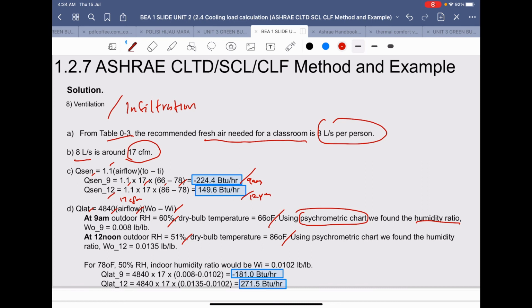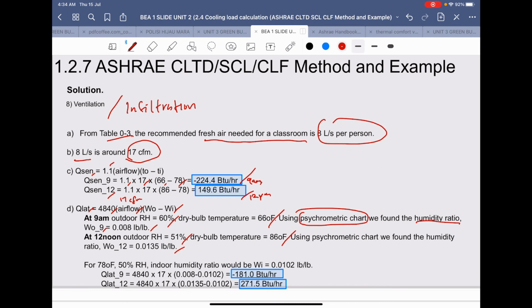And how? In this case, we got this humidity ratio at 9 is 0.08 pound per pound, and at 12 noon is 0.0135 pound per pound. This is what we call the humidity ratio.